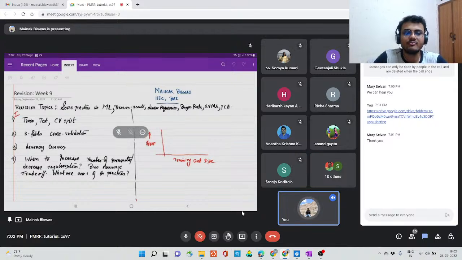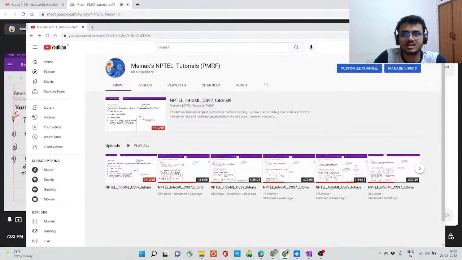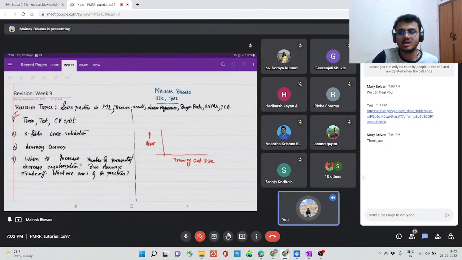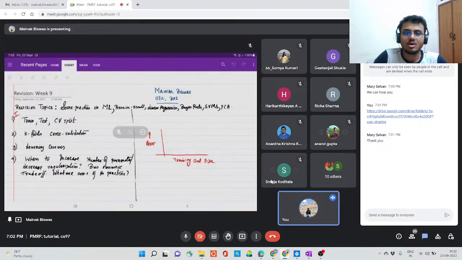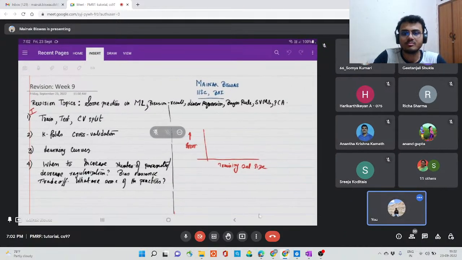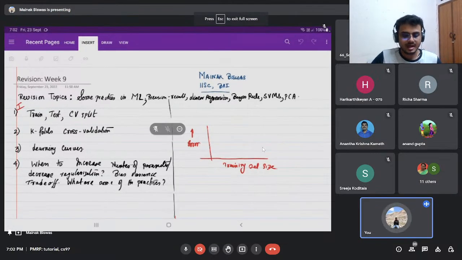Since we have some time, we'll take 5 to 10 minutes to go through some of the machine learning practices that you can incorporate in your projects, and then we will go to modeling the type of questions that may be asked for your exam. So that's the plan for today.